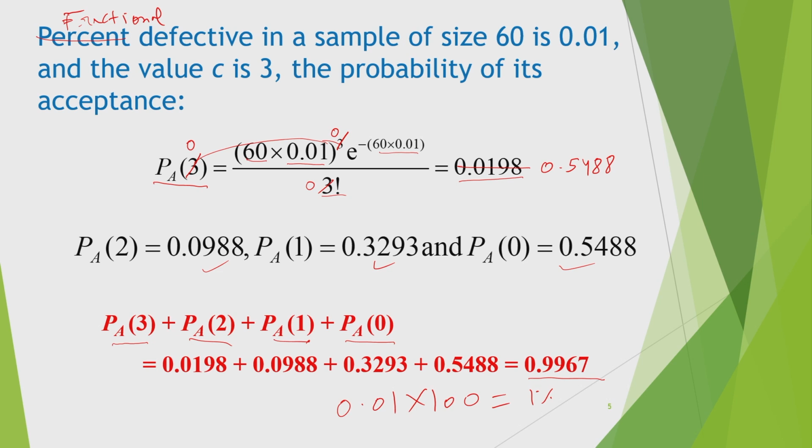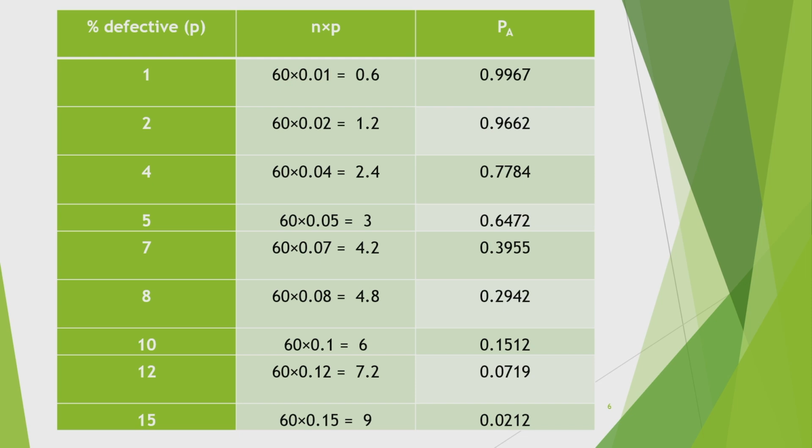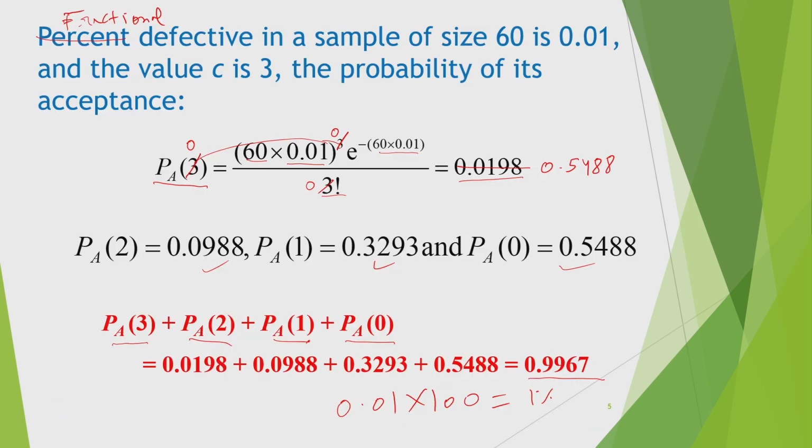So like that we can do that. So this was only for P is equal to 0.01, that means this was for 1% defective. Suppose the defective was 2%, then also we can do a similar calculation. Only change will be what? Instead of 0.01, I will be putting 0.02. Here also I will put 0.02.